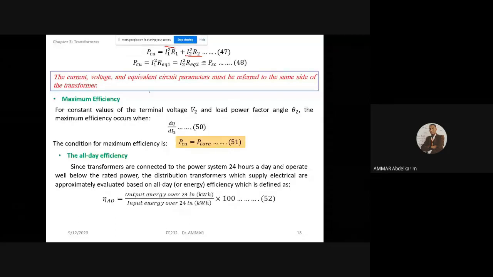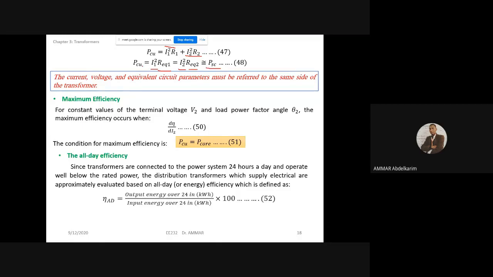And we have seen the short circuit test and we have determined the copper losses, which equal what? They equal the current of the primary squared times R equivalent 1 if the circuit is referred to the primary, or the current of the secondary squared times R equivalent 2 if the circuit is referred to the secondary, and equal the short circuit power.